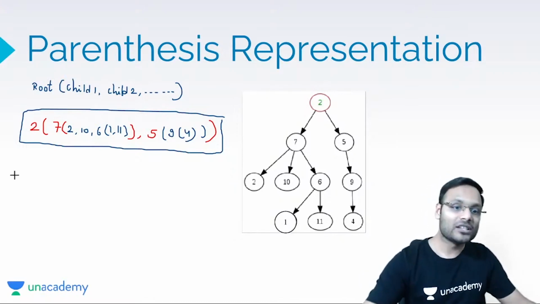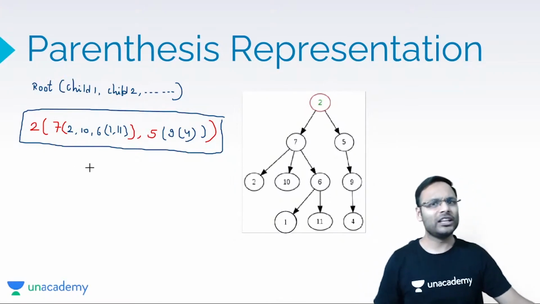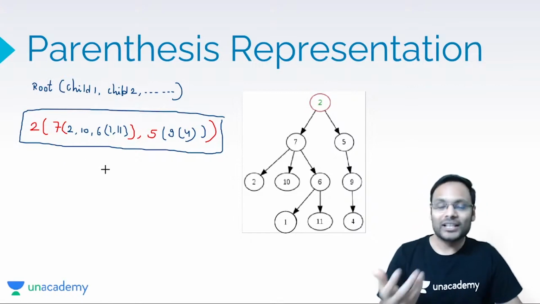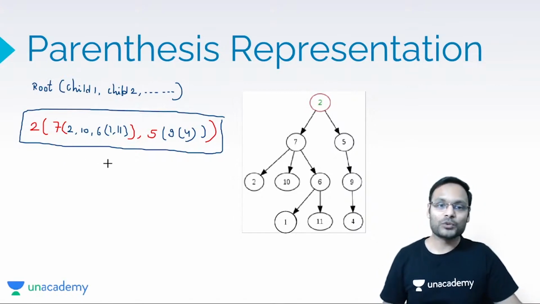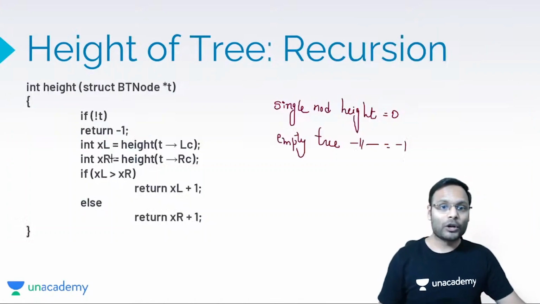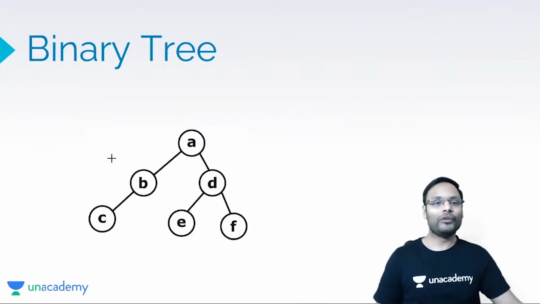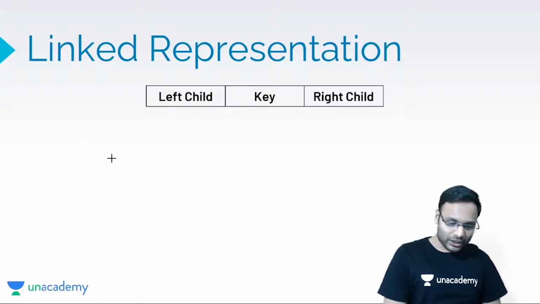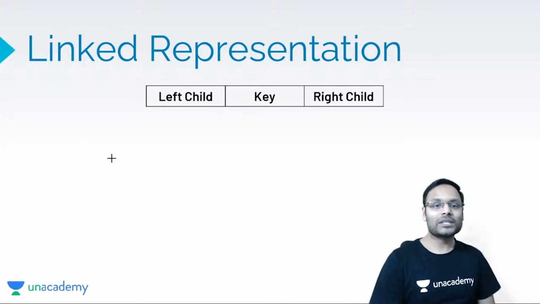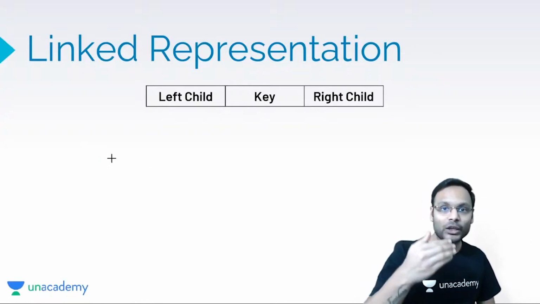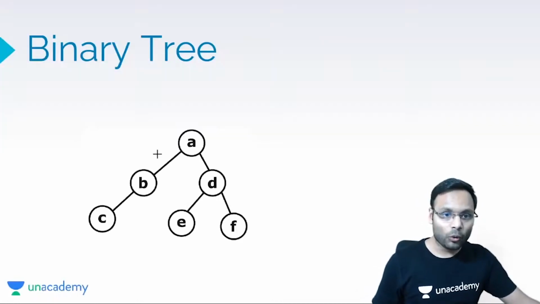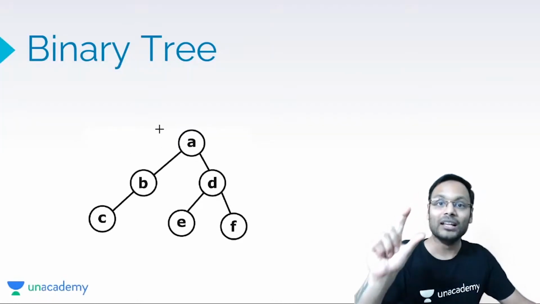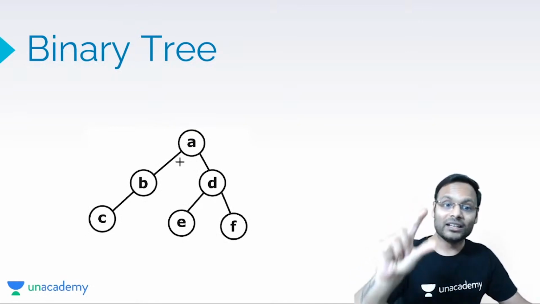Yes, parenthesis representation is not so convenient. To find the children, it's not directly accessible that which one is child of what. So because of that, this is a very good approach, which is the linked representation. What linked representation says that? Linked representation says that every node will be represented by a linked node.